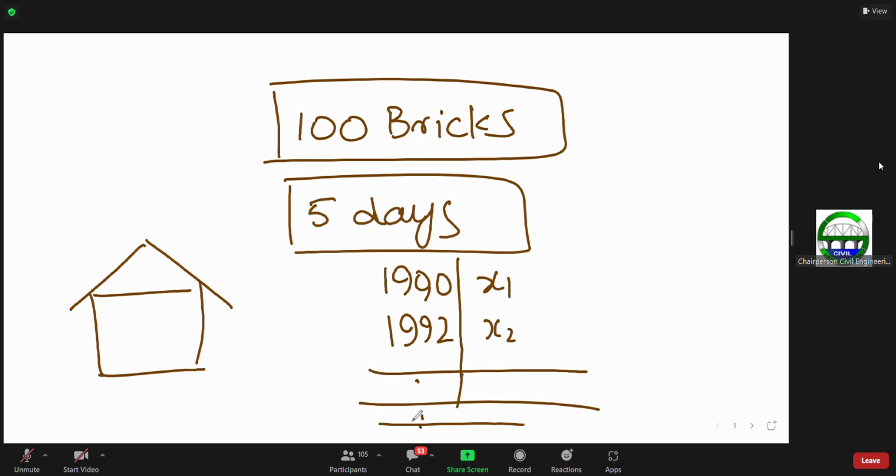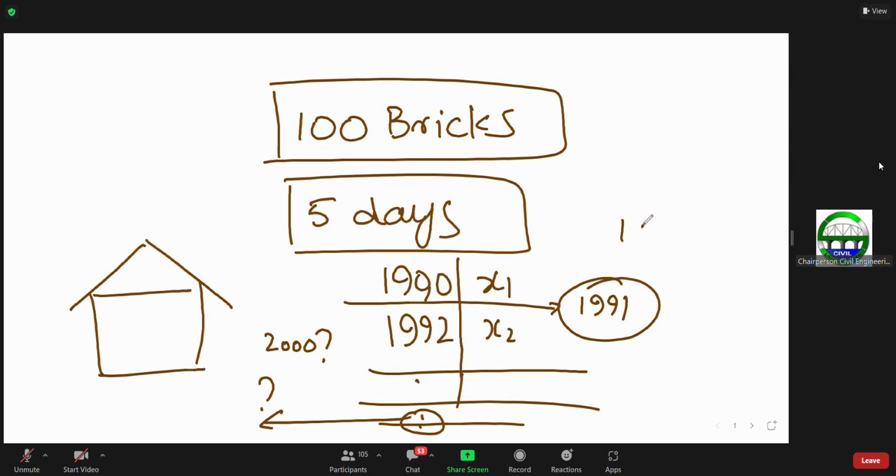Based on this, someone can ask you to predict what the population will be in 2000, or what the population is in 1991, or in October of 1991. For those things, the technique of interpolation is really important.